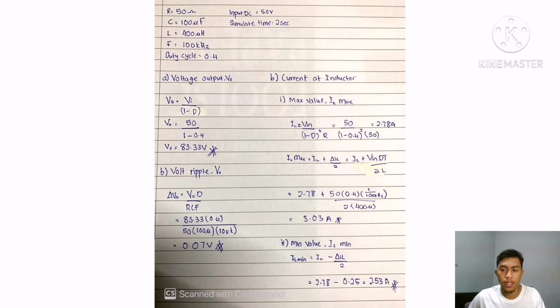In order to find inductor maximum current, we have to put the value into the formula, as we can see in this slide. So the final value is 3.03 ampere. After that, we have to find the minimum value. In order to find this value, we put the value into the formula, as we can see. So the final value is 2.53 ampere.